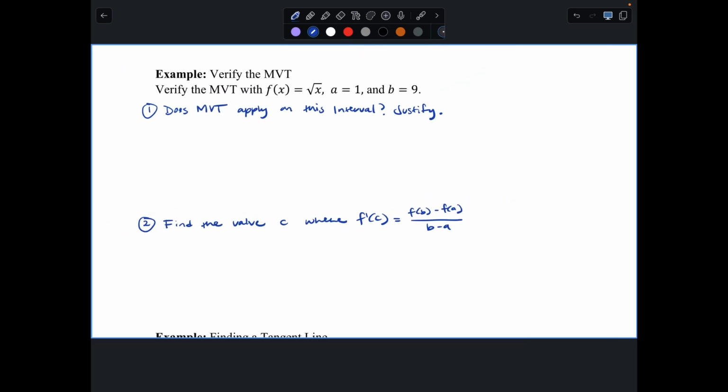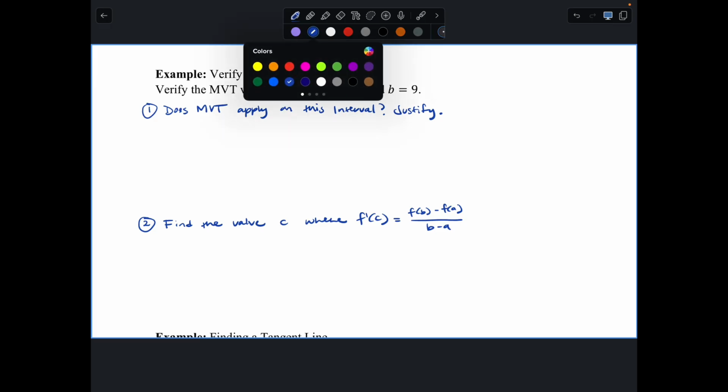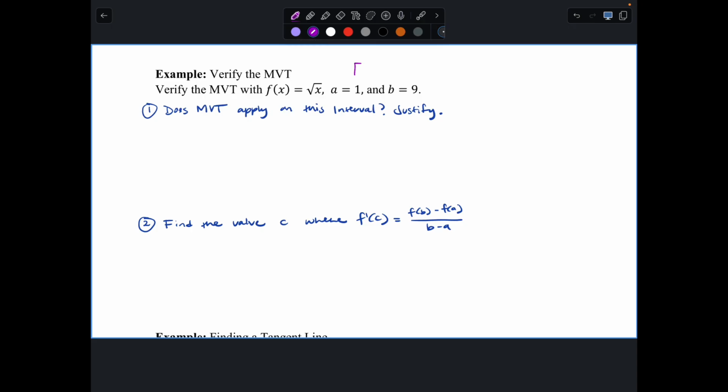First of all, square root of x, this is referencing the interval from 1 to 9. Is the square root of x continuous on the closed interval from 1 to 9? Yeah. Is it differentiable? Yeah.